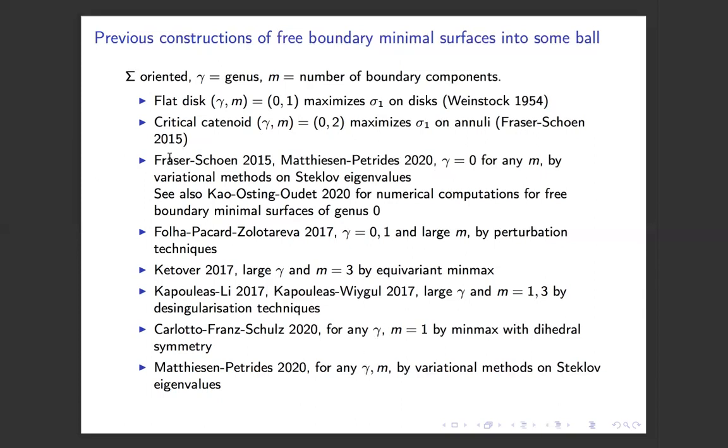It is the case in genus 0 surfaces, but not the case here. And they are not embedded anymore. So in the next section, I will give more detail on shape optimization of Steklov eigenvalues in order to build these surfaces.